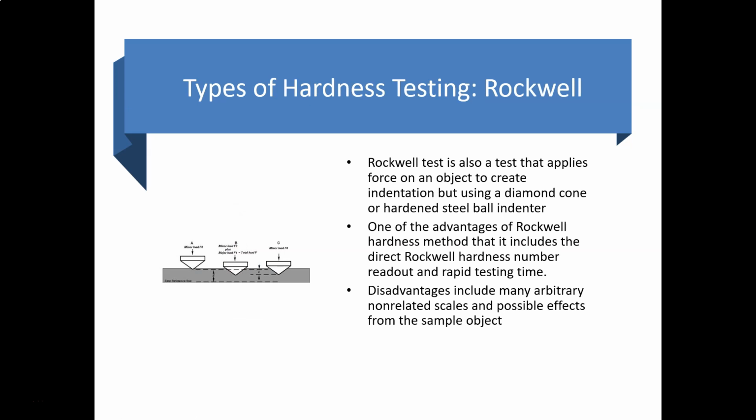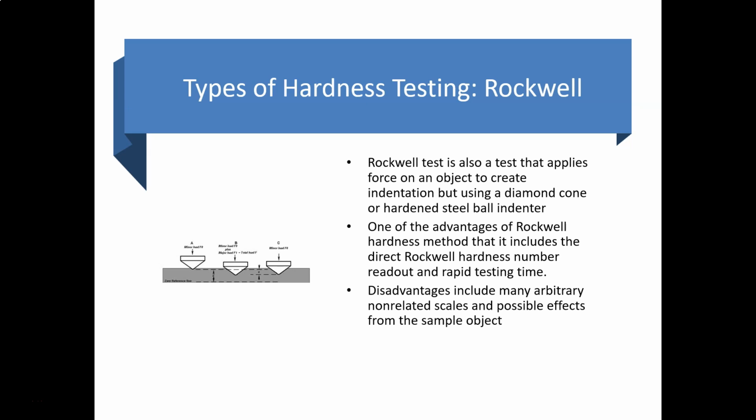The Rockwell test is also a test that applies force on an object to create indentation, but using a diamond cone or hardened steel ball indenter. One of the advantages of the Rockwell hardness method is that it includes the direct Rockwell hardness number readout and rapid testing time.